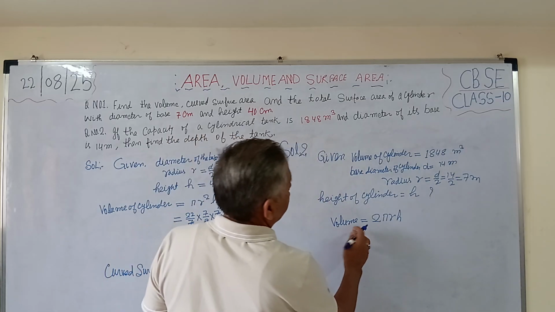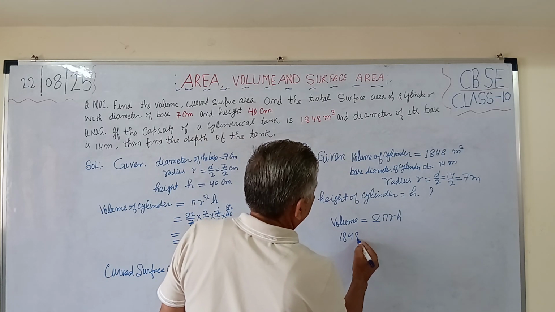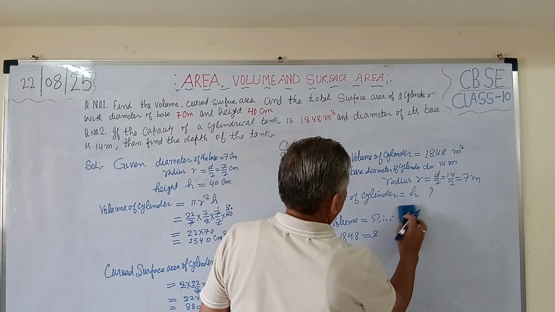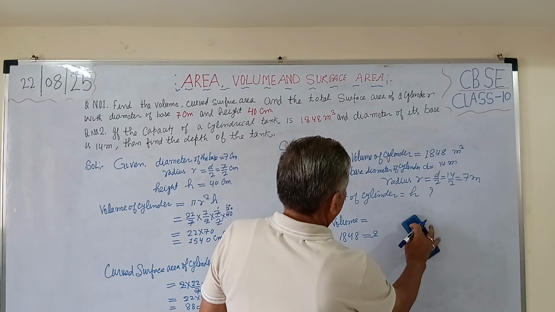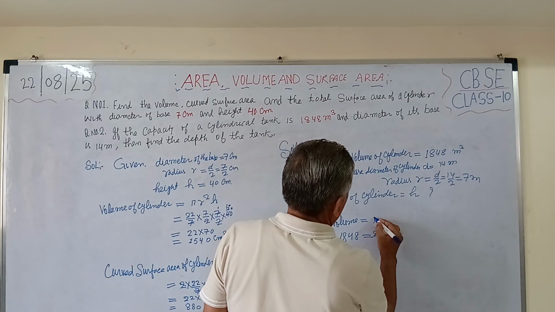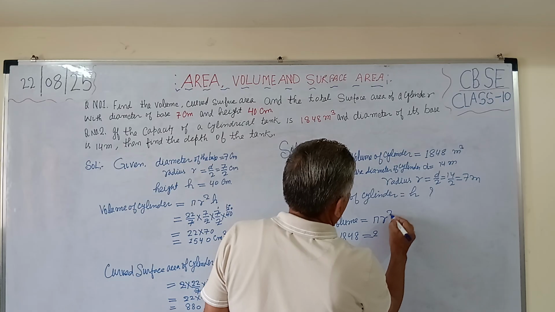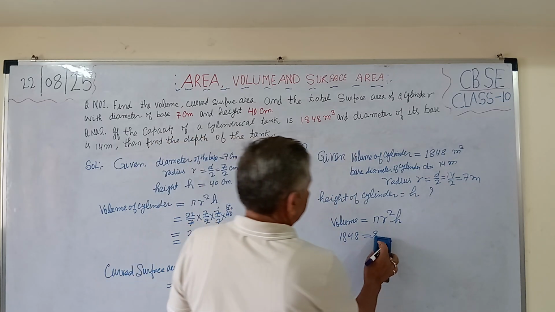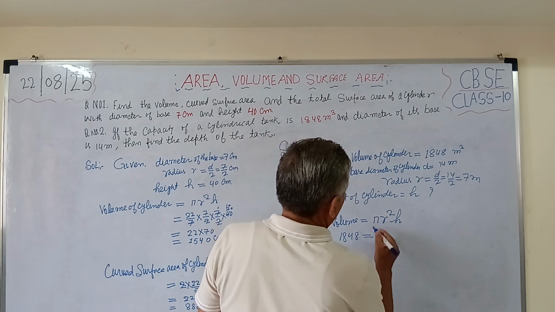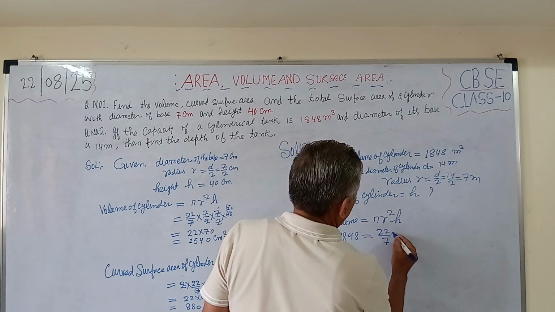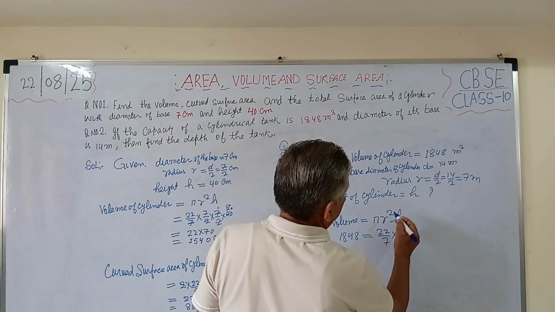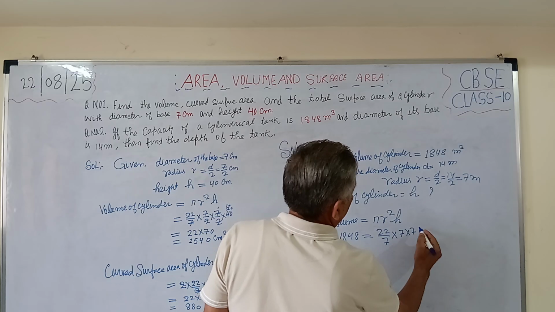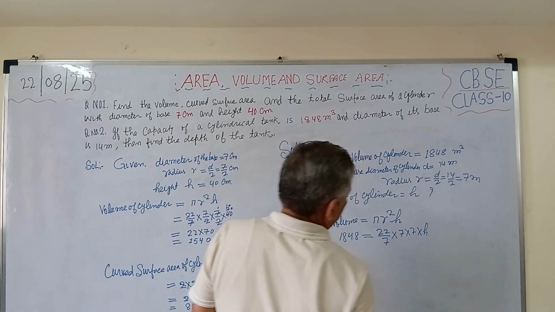So volume given to us is 1848 equals to 2, no sorry, it is volume of cylinder is pi R square H. So here pi is 22 by 7 into R square is 7 into 7 and H we have to find out.